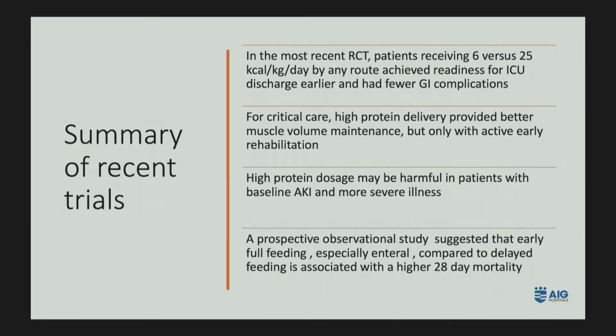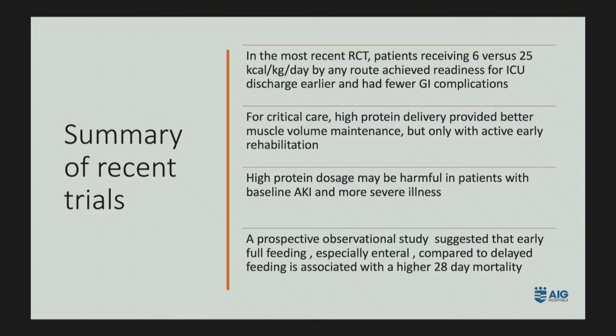So before going into the recommendations, let's look into the summary of the recent trials that it's based on. In the most recent RCT, patients receiving 6 versus 25 kilocalories per kilo per day by any route early on achieved readiness for ICU discharge and had fewer GI complications.